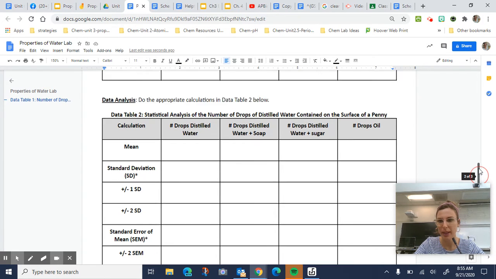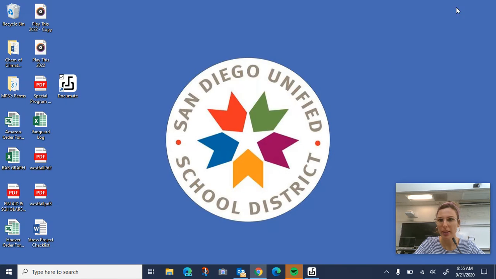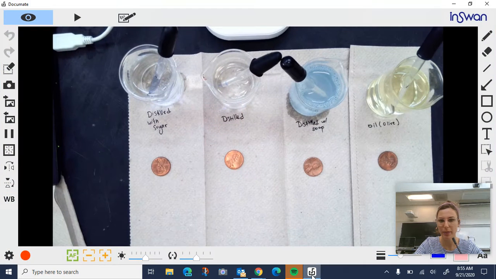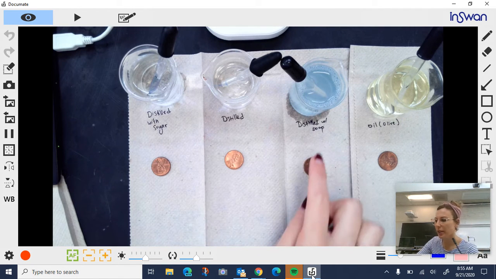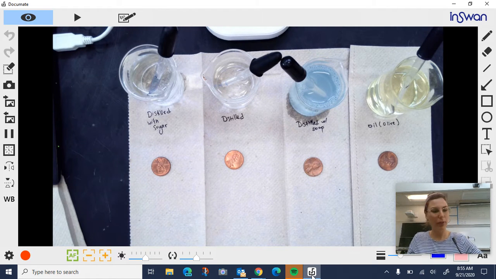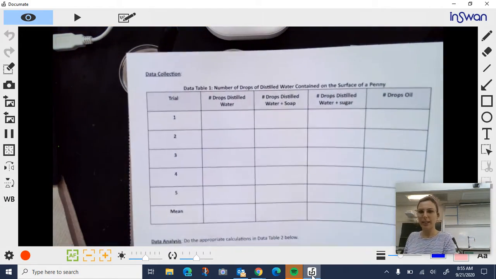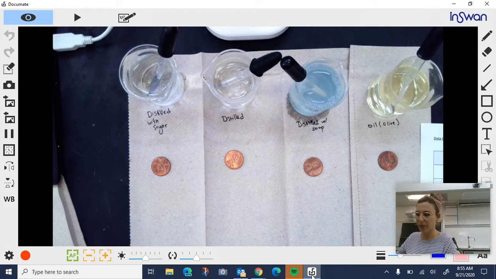Now let me close out my screen here so that you can see my experimental setup. Here we go. We have our distilled water with sugar, our distilled water, distilled water with soap, and our olive oil. I also have my handy dandy data table, so I will be recording.